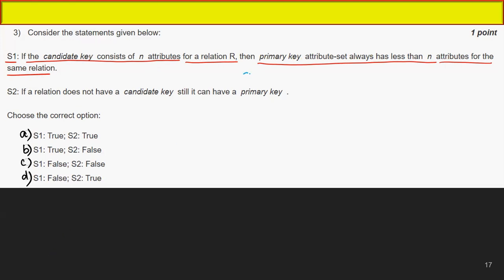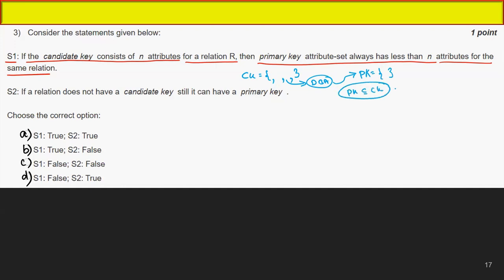Think about the idea. First, you derive a set of candidate keys, and then the database administrator comes into the picture. If you have multiple candidate keys, he will choose one primary key. This primary key is a subset of the candidate key.